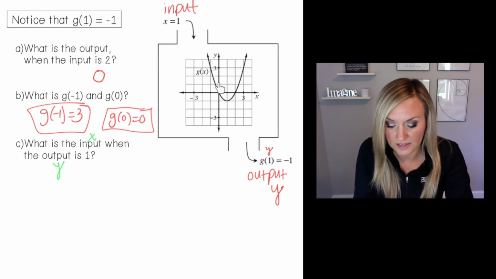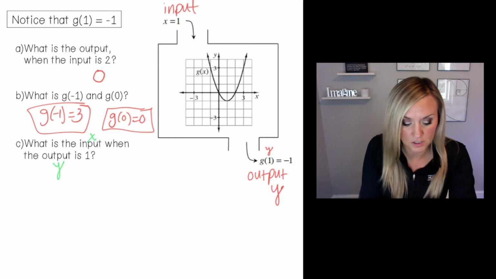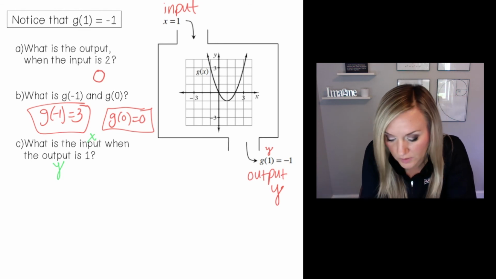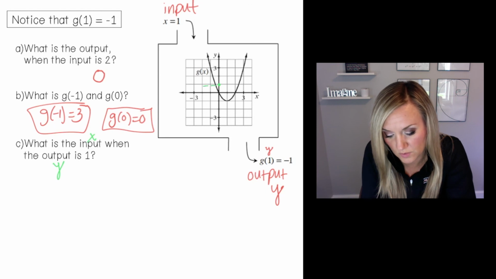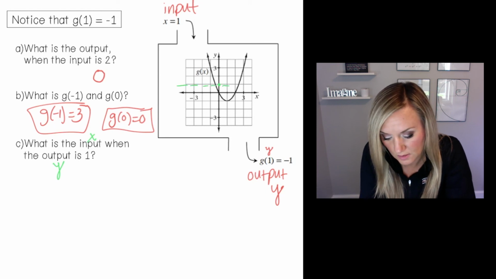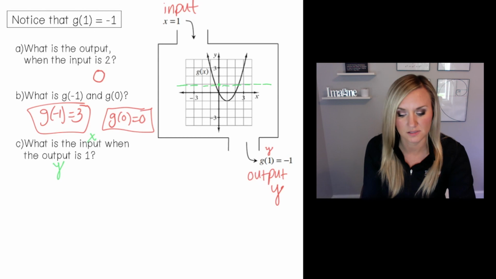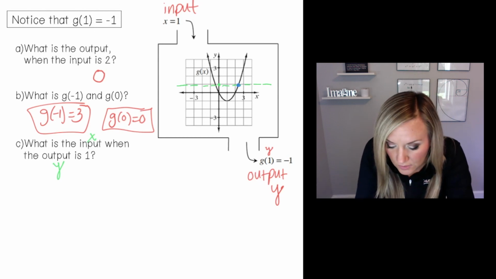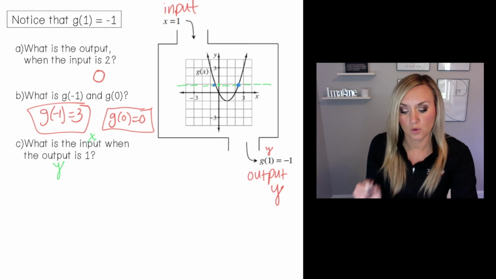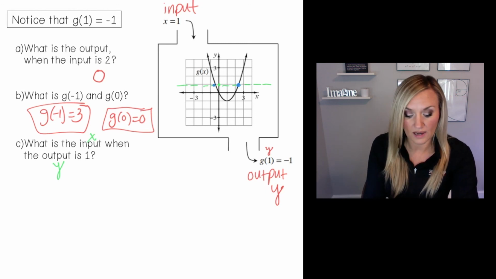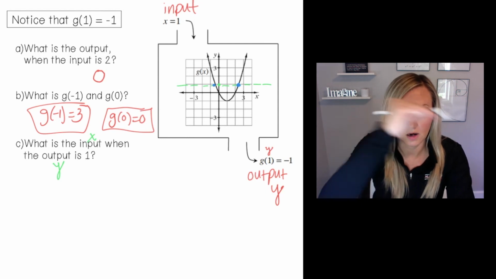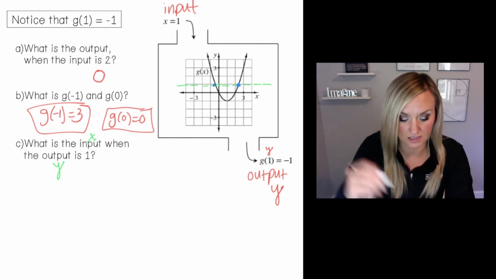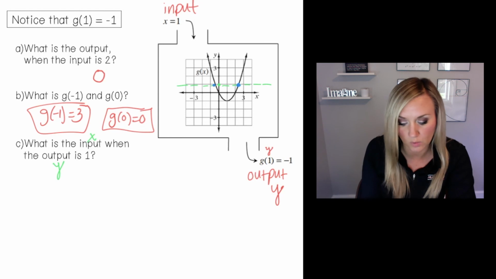Well, looks like our graph at the y is 1, and I'm going to draw a line for that one. This is where the y is 1. So if you notice, our graph hits it twice, right? The graph is here and here. So when our y is 1, we have two different answers for x, and that's totally okay.